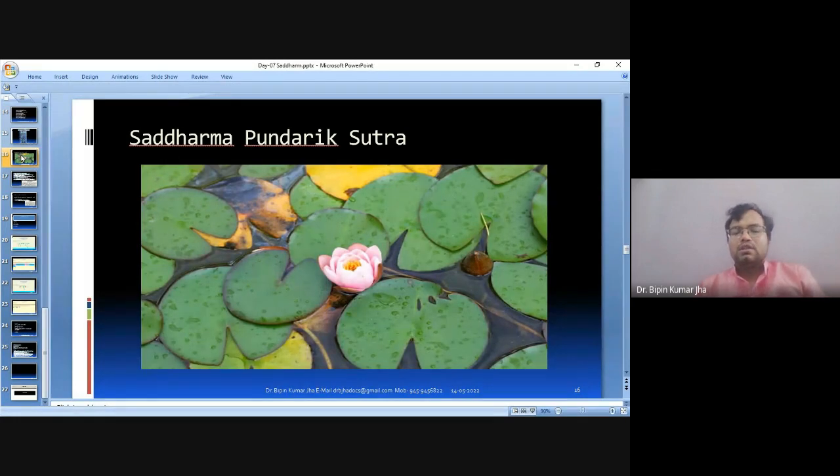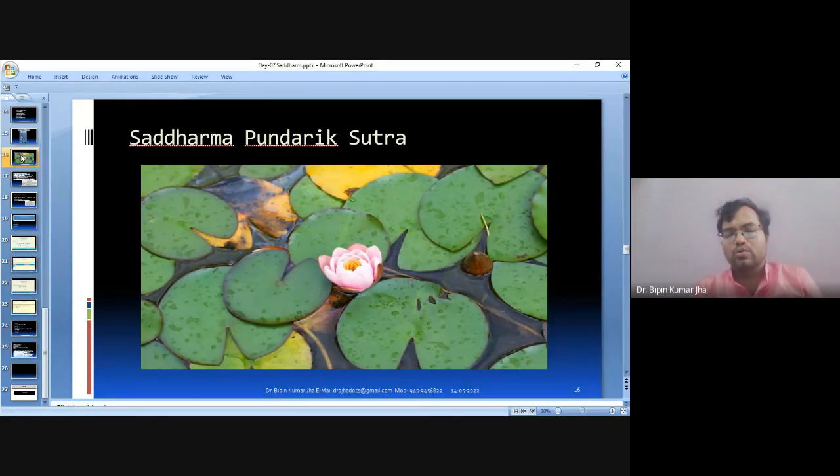Okay, the sutra. Sutra means when our speech is transferred, either in an oral way or in a written way. Normally it is in an oral way. Not only for this sutra, I am saying this about Vedic texts also.